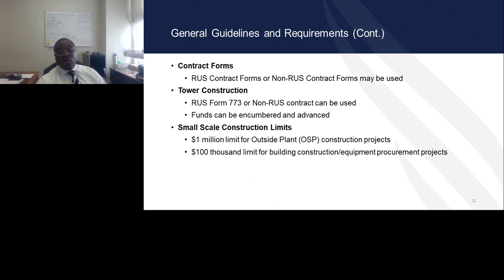So if the awardee elects to use small-scale construction methods, they can only use those methods on construction that will not exceed that $1 million limit. For equipment and building construction, the threshold for using the small-scale construction method would be $100,000. Contract amendments.